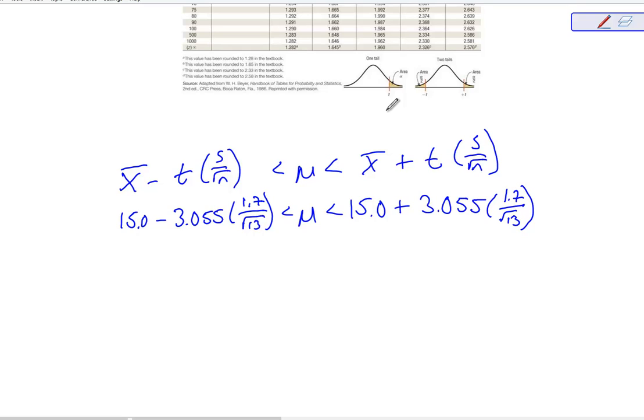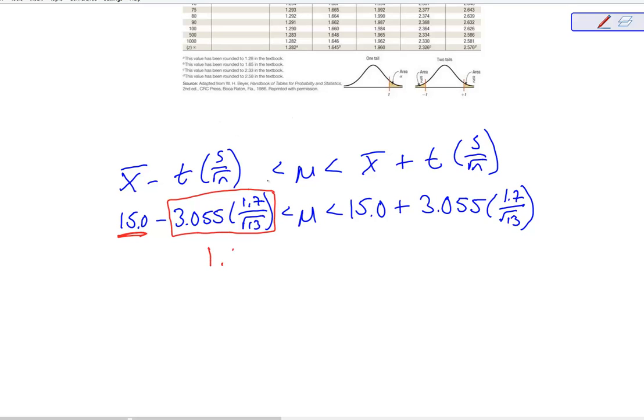So I'm going to find this number first, and notice that this has 1 decimal place. So I'm going to round the number that I get to 1 decimal place again, because remember that my confidence interval needs to match my mean, the sample mean.